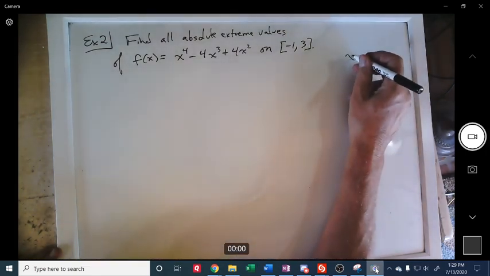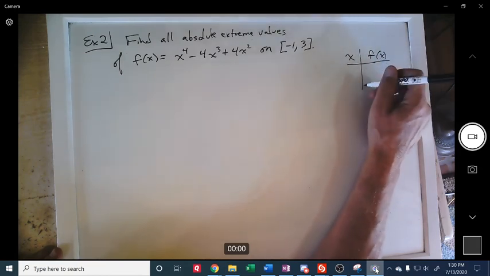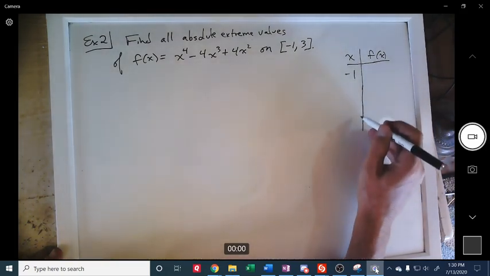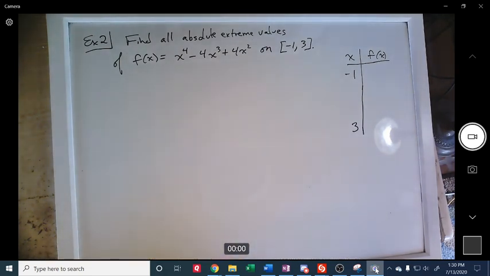Okay, so I'm going to make a little table, x, f of x, and for sure what's got to go on there is the endpoints. Those could be the absolute max or absolute min. But what we also must include is any critical points that lie between -1 and 3.